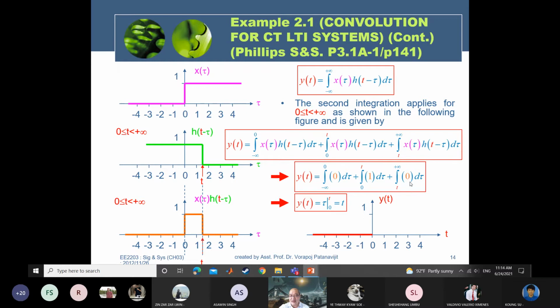The first part and the last part are 0. Next, you integrate 1 with respect to tau. Integrating 1 d tau gives you tau, and you substitute the limits of the integration from 0 to t. Therefore, in this case, y(t) equals t. When you plot it, if t equals 1, y(t) equals 1; t equals 2, y(t) equals 2.